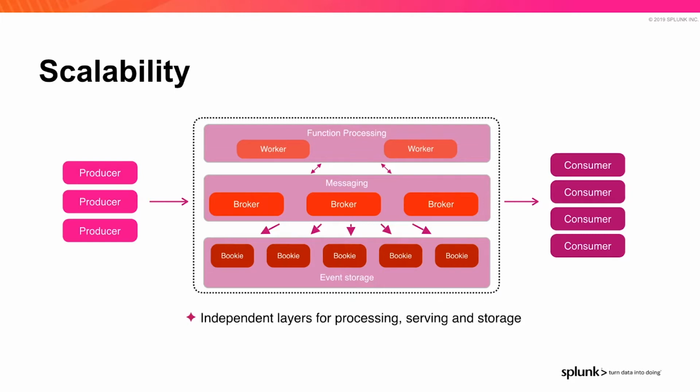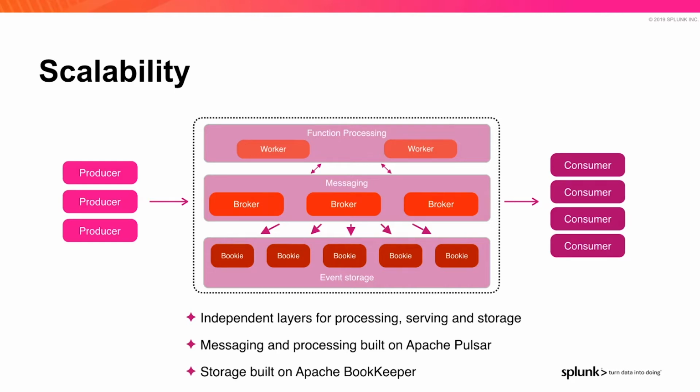So essentially, it's independent layers for processing, serving, and storage. Then messaging and processing are built on top of Pulsar, whereas the storage is built on top of Apache Bookkeeper. And this all comes in a single package for Apache Pulsar.